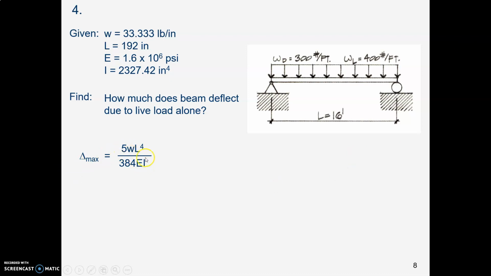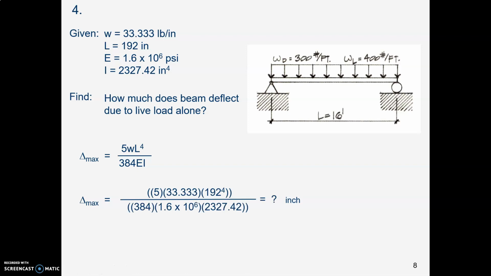And we don't have to worry about why these things are here. Just trust that this formula will do it for you, and we'll just plug in the numbers. So to find the maximum deflection on this beam, there's the 5. Here's the distributed load, W, in pounds per inch, 33 1/3.